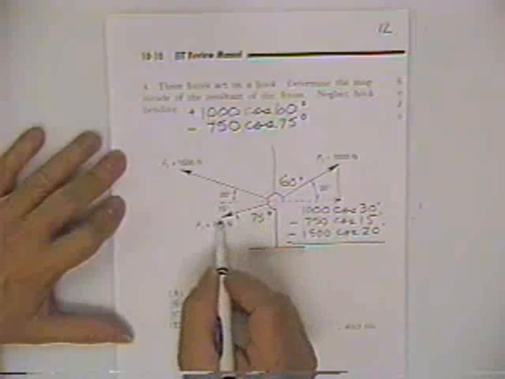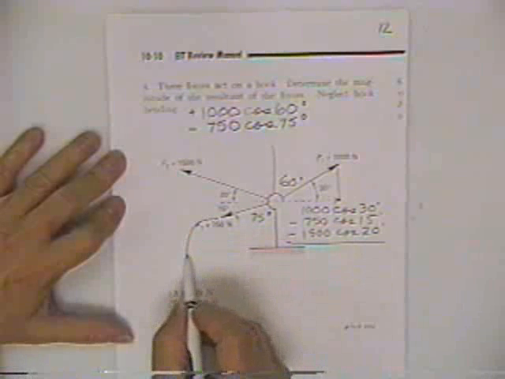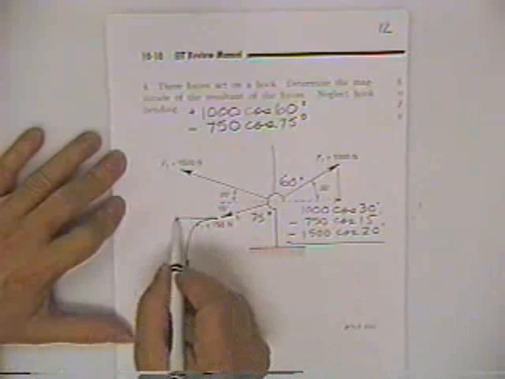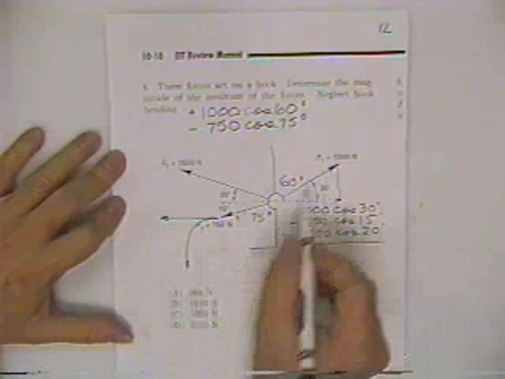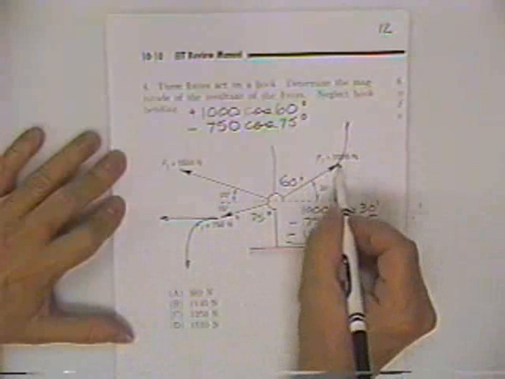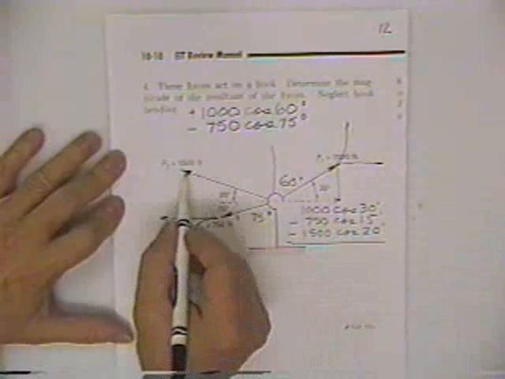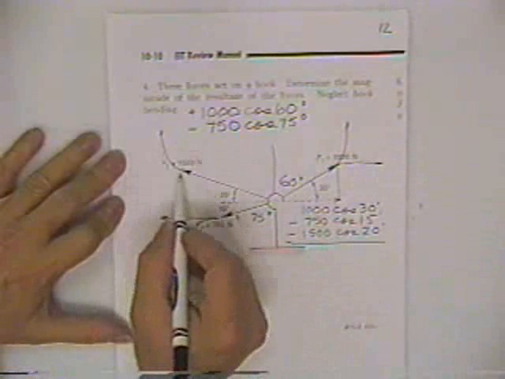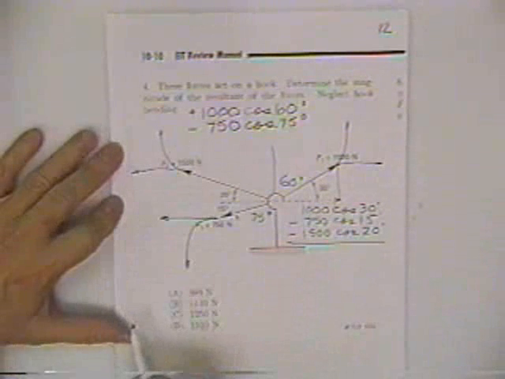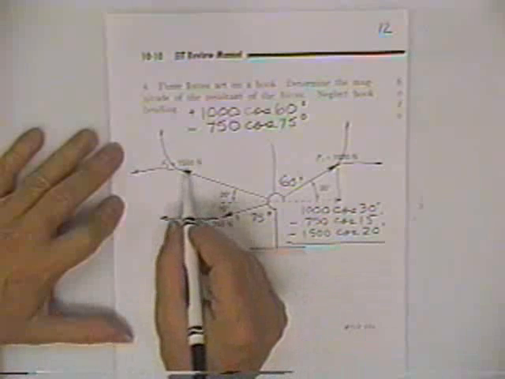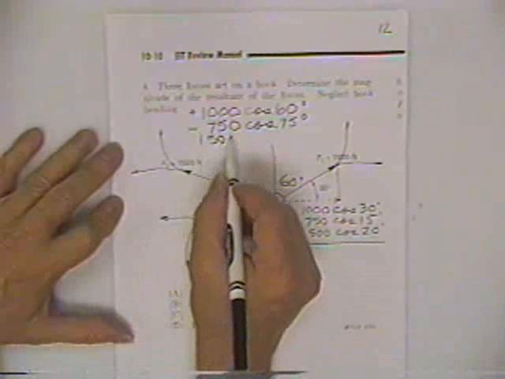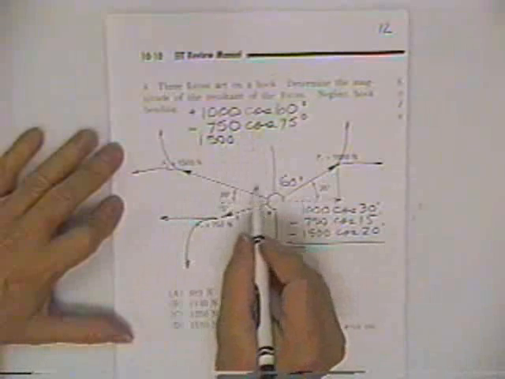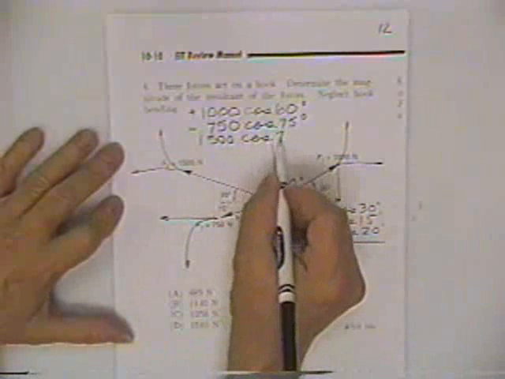I would call that a minus because this force is pointing down and to the left. This guy's pointing up and to the right. This guy's pointing up and to the left. So then the last number is a 1,500 Newton force multiplied times the cosine of 70 degrees.